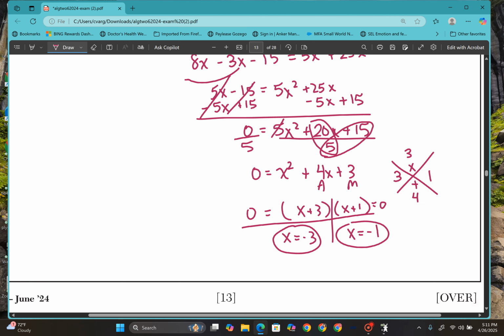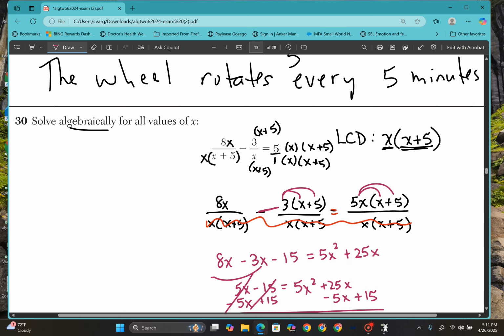And then last step here is we have to check and see if I plug it back into the original, am I going to have any undefineds, right? Undefined means that the denominator is equal to 0. So if I plug in negative 3, plus 5 is 2. That's not going to give me a 0, so that's good.